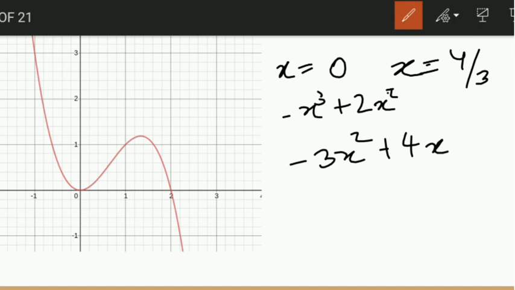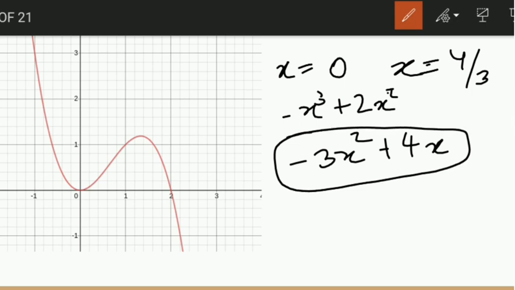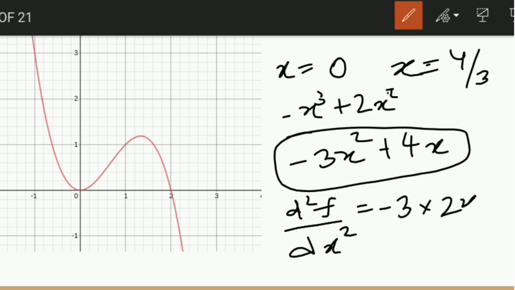So we need to find the second derivative, so we need to differentiate this once again. d square f by dx square is given by minus 3 into 2x plus 4. So that's minus 6x plus 4.